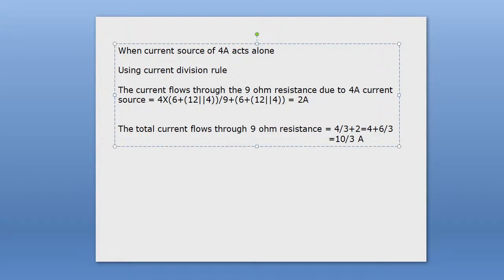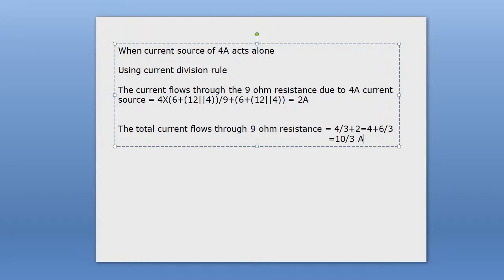Okay, so now we can calculate the power which actually dissipates through this 9 ohm resistance, by taking the product of this current, 10 by 3 whole square, and 9 ohm resistance.